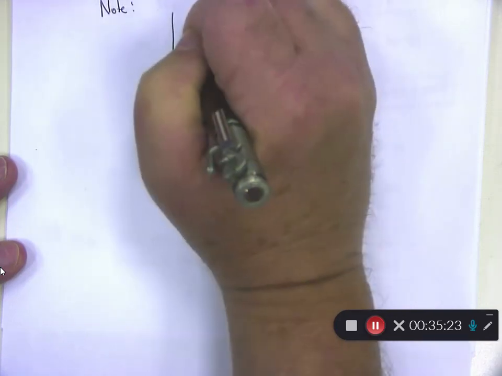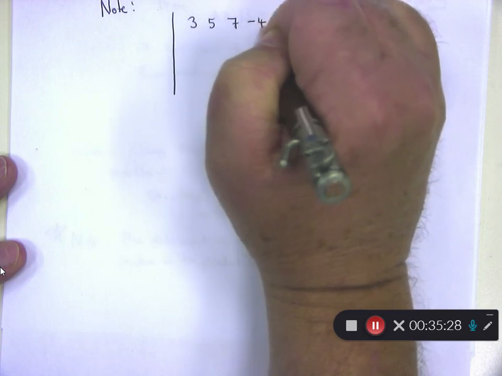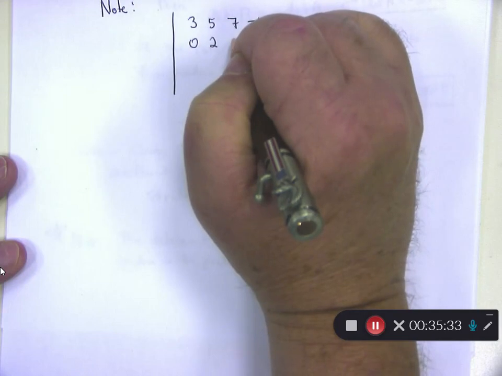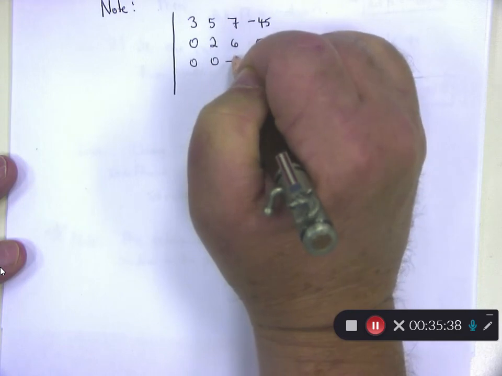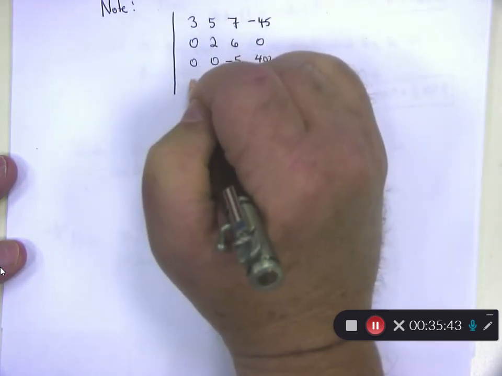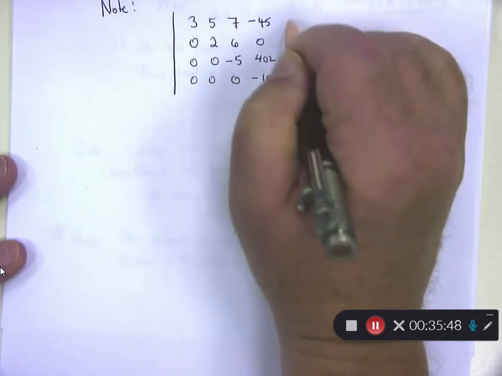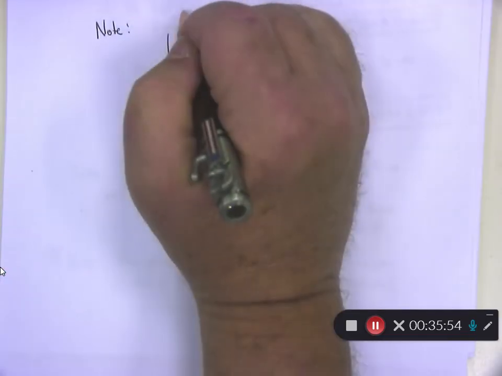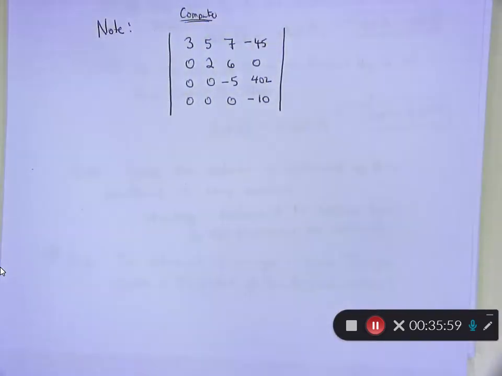What is the determinant of 3, 5, 7, negative 45, 0, 2, 6, 0, 0, 0, negative 5, 402, okay? 0, 0, 0, negative 10. Okay? Compute. Just trying to show the different words I throw at you for these kinds of directions.